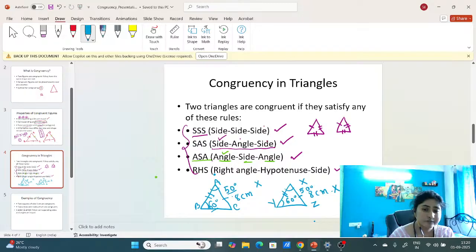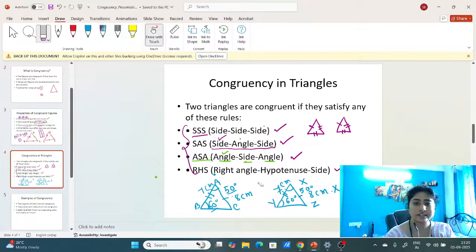Now, if they have the same measurement, like if this is also 7 centimeter, then we can say that these two triangles ABC and XYZ are satisfying the criteria of ASA. So then we can say that these two triangles are congruent.